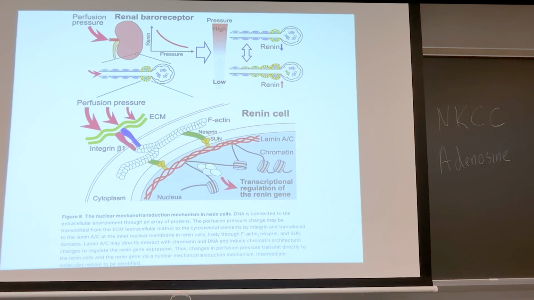This laminin A and C also is attachment points for chromatin, and you can see this is chromatin here, right? So chromatin, remember, is DNA with histone proteins. They're called nucleosomes. And basically, if I want to transcribe a gene, right, copy it, I have to unwind the DNA, don't I?